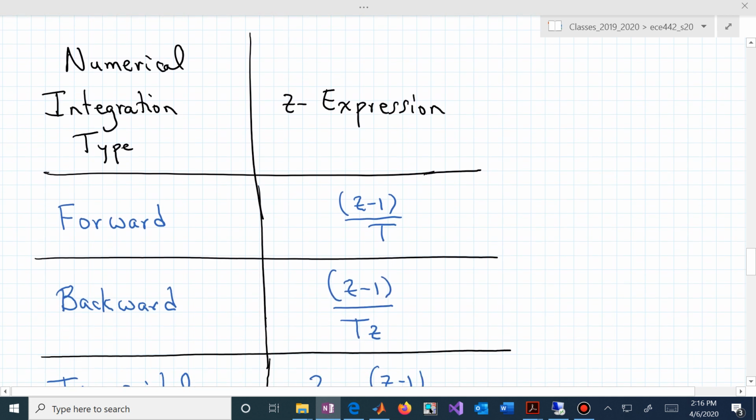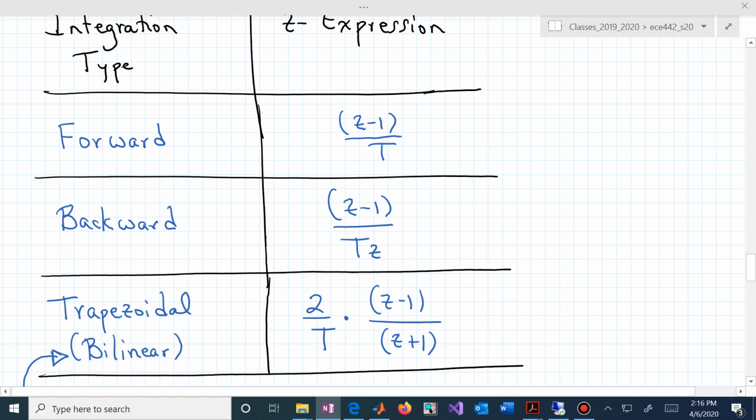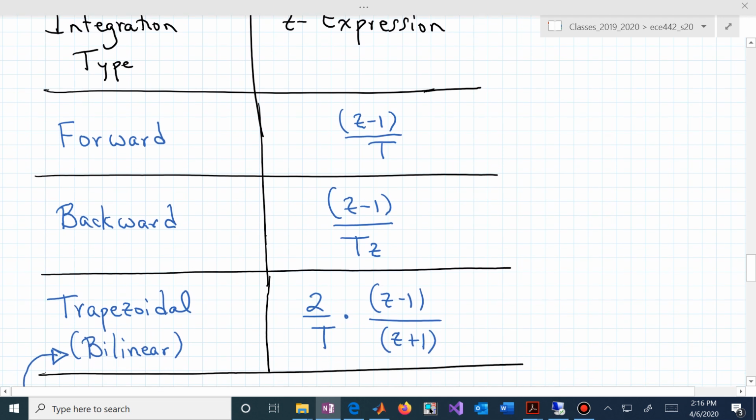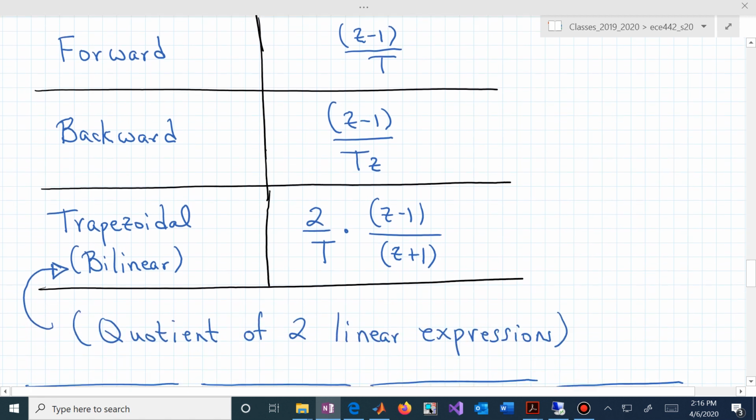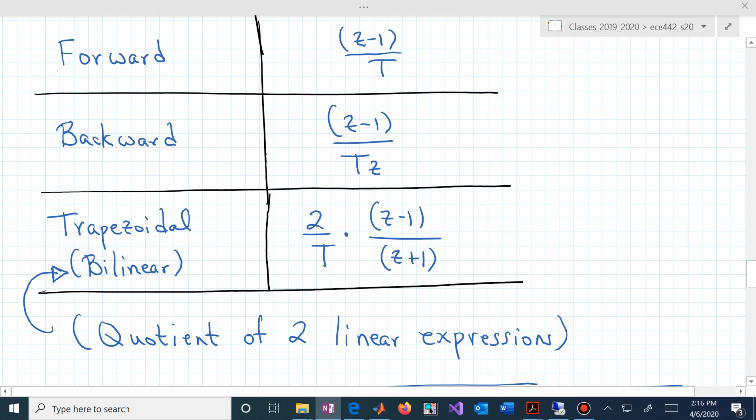Depending on what kind of numerical integration strategy, if you go forward from the previous time, if you go backward from the current time, or if you combine those with a straight line, you end up with the appropriate Z transform expression that is used to substitute in for S in your original transfer function expression. Bilinear, one way to think of that is as a quotient of two linear expressions.